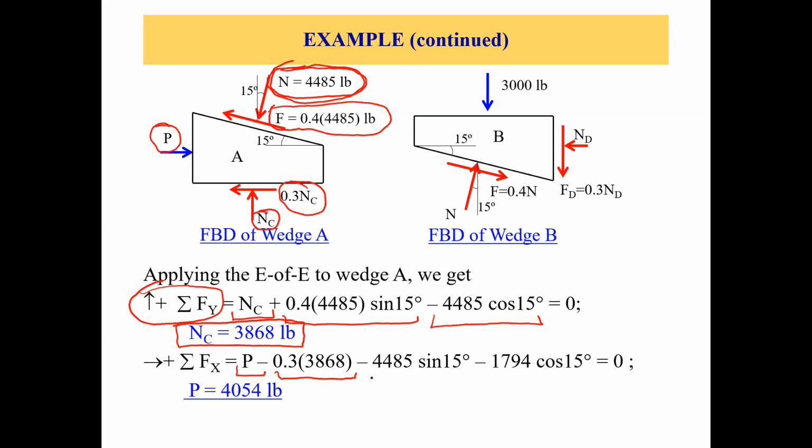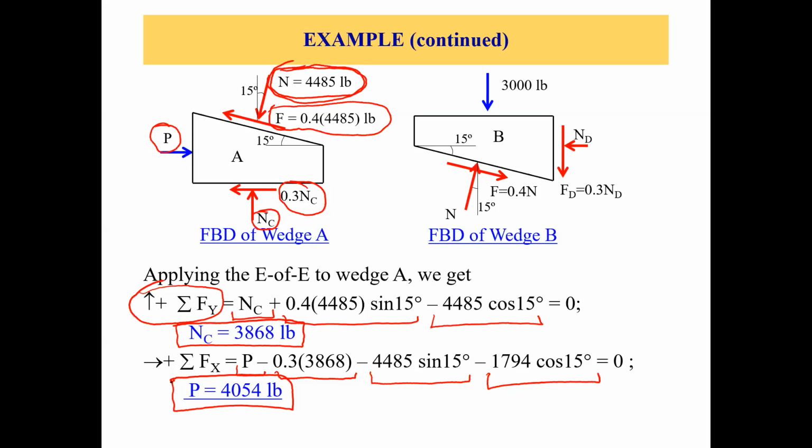Then we have 4,485 times sine of 15, the x component of the normal force on top of wedge A. And then we have 1,794 times cosine of 15, which is the x component of the friction force acting on top of wedge A. Put that equal to 0, and everything is known except this load P, and we get the value of P as 4,054 pounds.